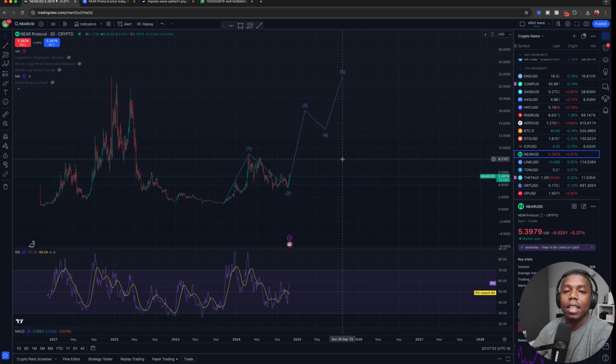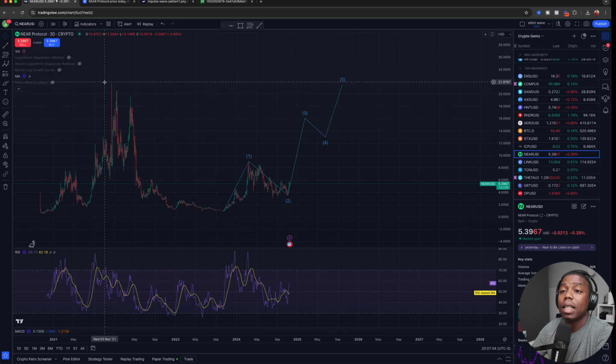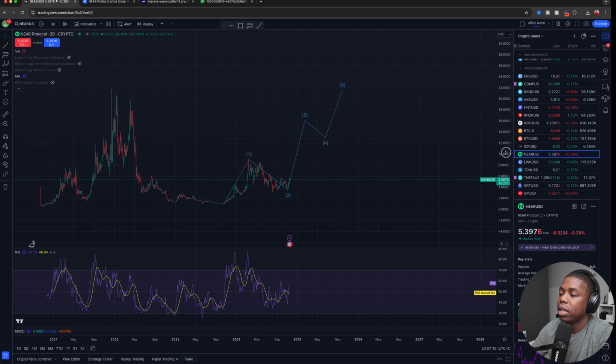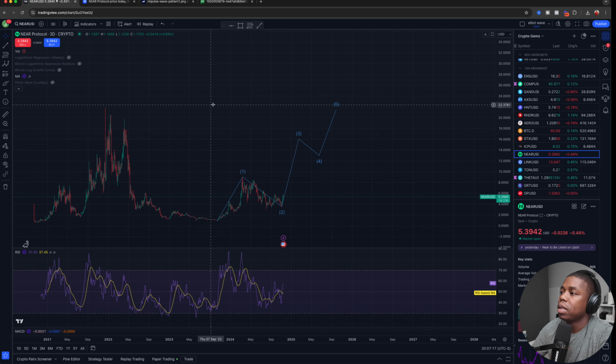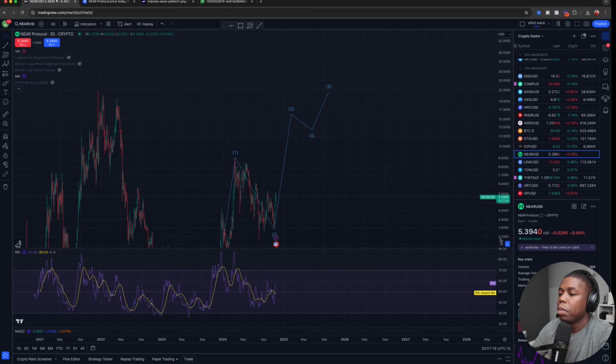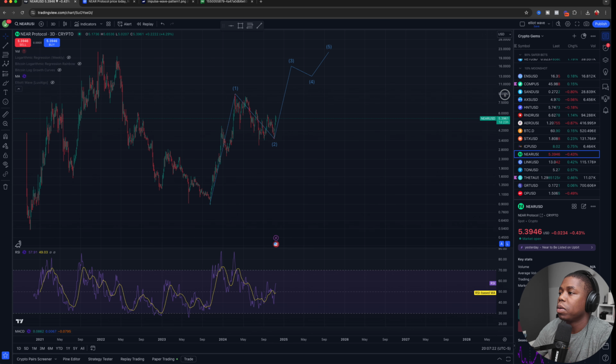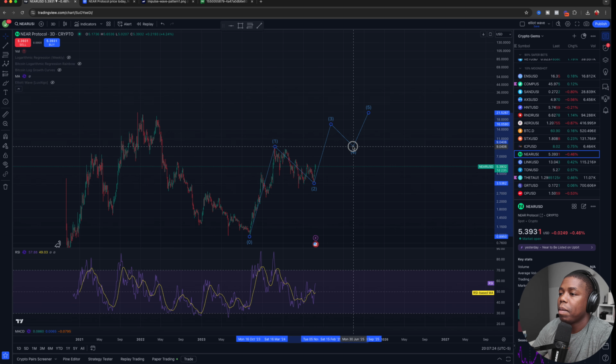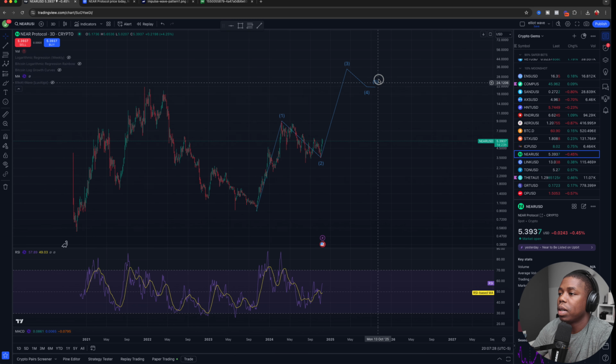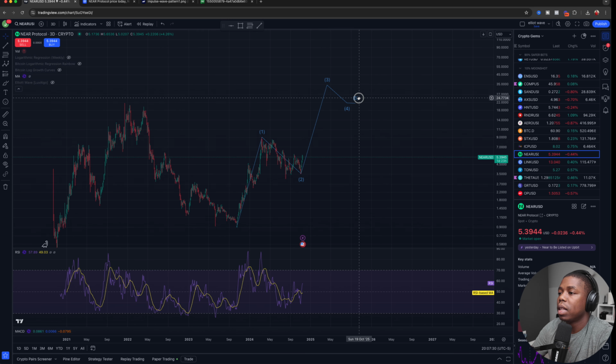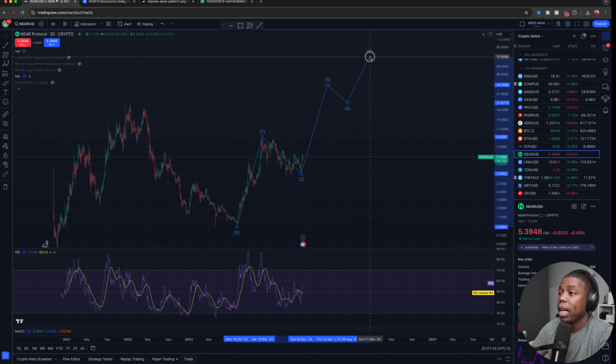Now, I'm not guaranteeing where this could go. I mean, it obviously can go above all-time highs. Wouldn't be surprised if it does that. But for right now, I'm being a little bit more conservative and just taking a look at this 5-wave pattern and what could be reasonable for that. But of course, there's an opportunity where NEAR Protocol could go absolutely crazy and put in some really large moves upward, especially in this bull run that we are right in the middle of.